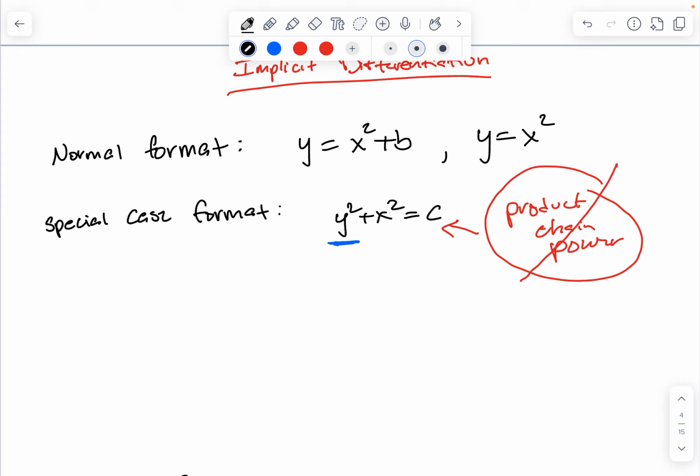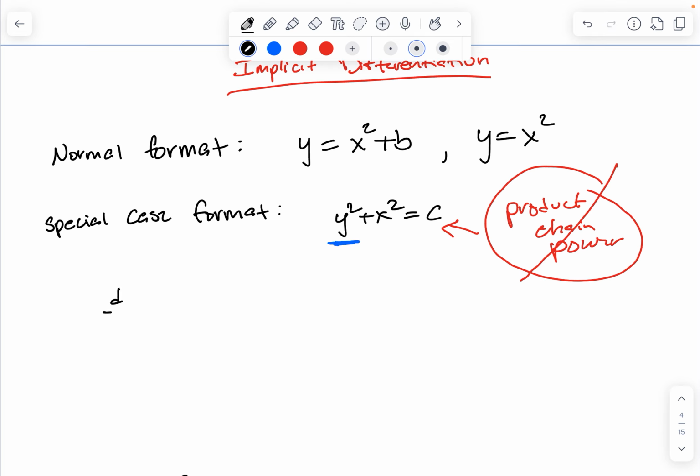What implicit differentiation means is when you take the derivative of a function, each term gets treated independently with respect to its own variable. So let me show you what that means. Let's just look at this y squared term.